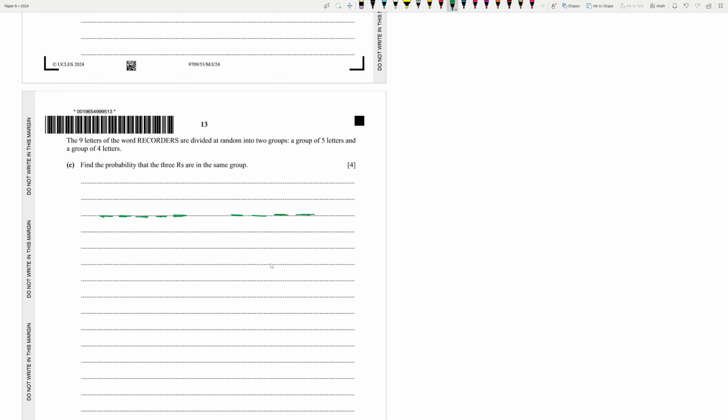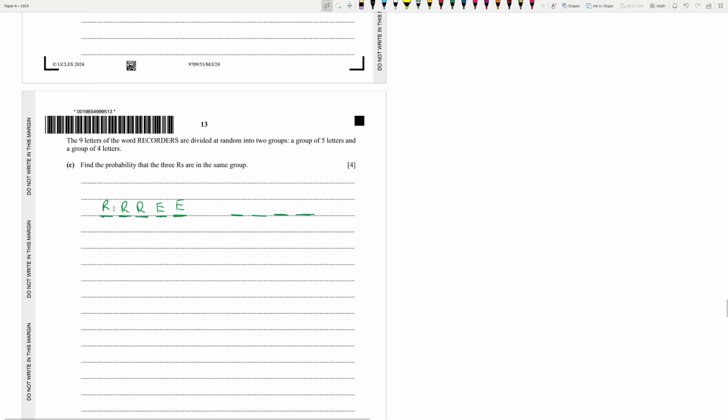Since the R's are repeats, that's the hard part. And there's also the E, which is also a repeat. So I'm going to show this in multiple methods. There's one way like this: all the R's and both E's are in this group.